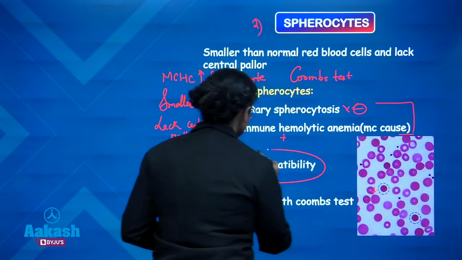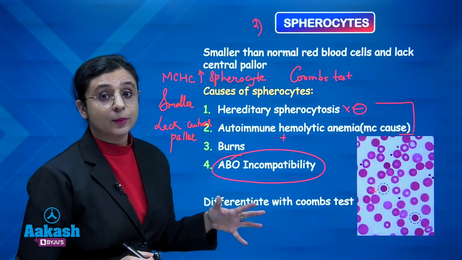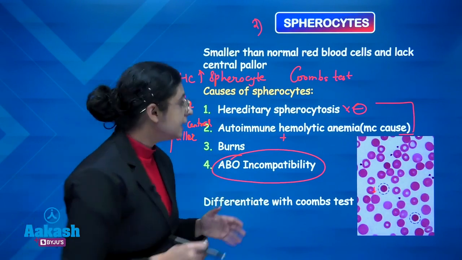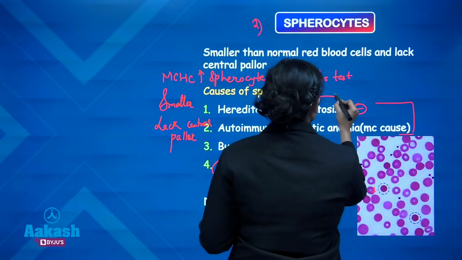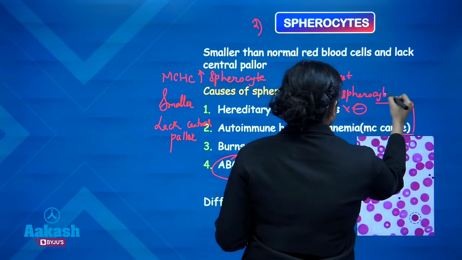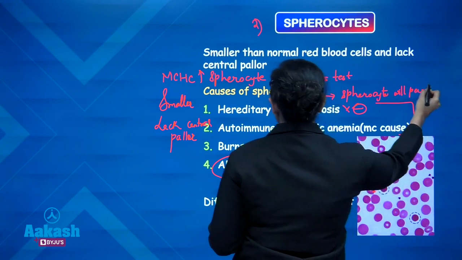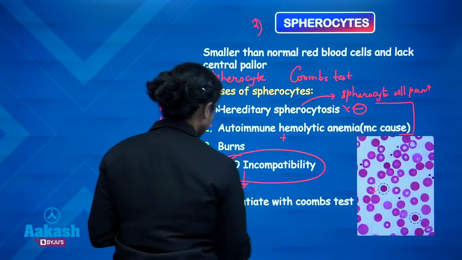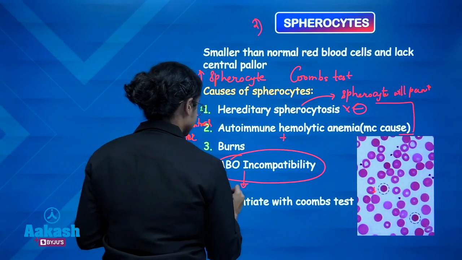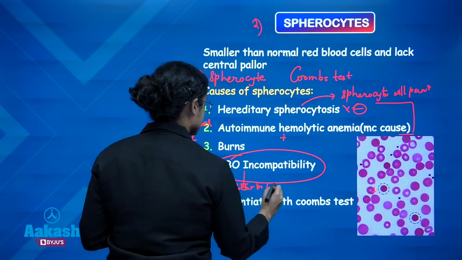So students, spherocytes found in ABO incompatibility will disappear over a period of 1 to 2 months, unlike hereditary spherocytosis where the spherocytes will persist.